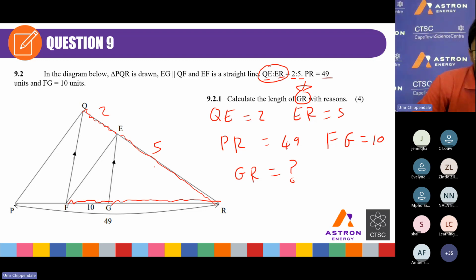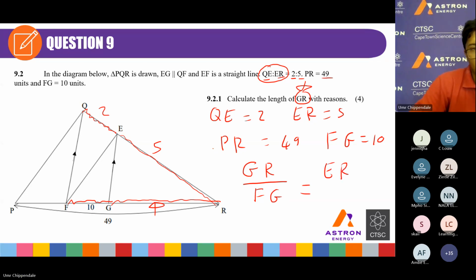So we're going to write it like this. GR, which is this part that I want, over FG is equal to, like the ratio they had, ER over QE.